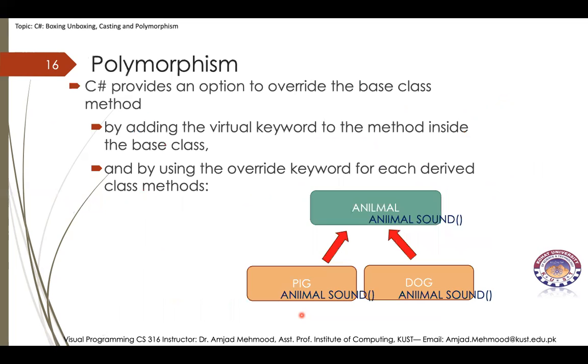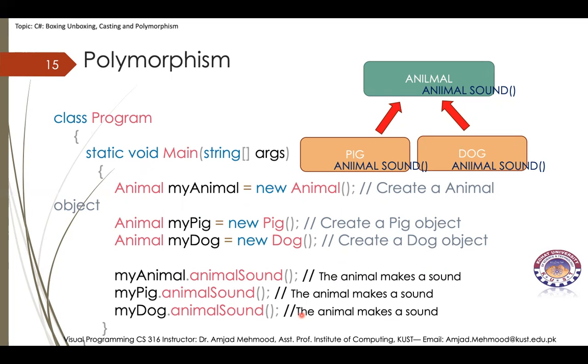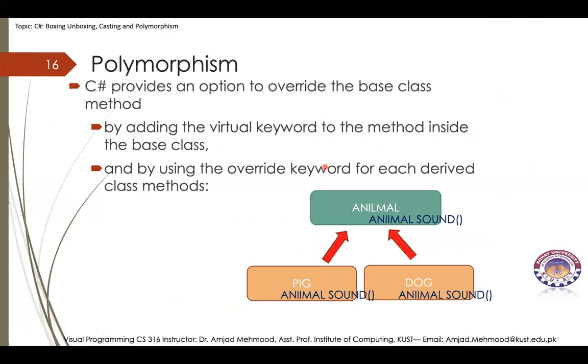I mentioned that if you want to perform this, you need to use some modifier in a parent class, like virtual or abstract, and in a child class you have to use override if you want to perform the process of overriding.